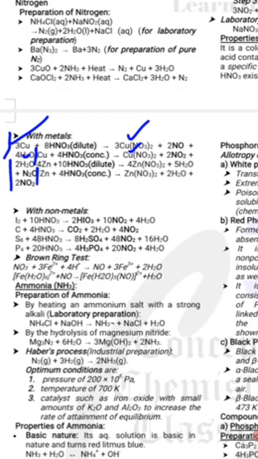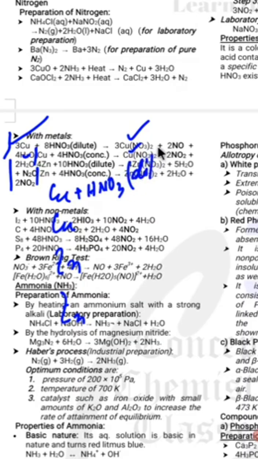Let me simplify this reaction. This is copper, again copper, then zinc, again zinc, and if it is reacted with HNO3, and this is our dilute, right? And this is reacted with HNO3, and in this case this is our concentrated HNO3.